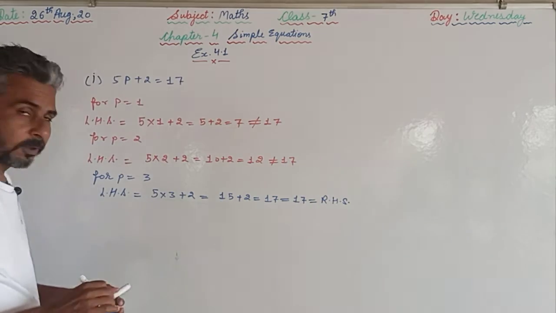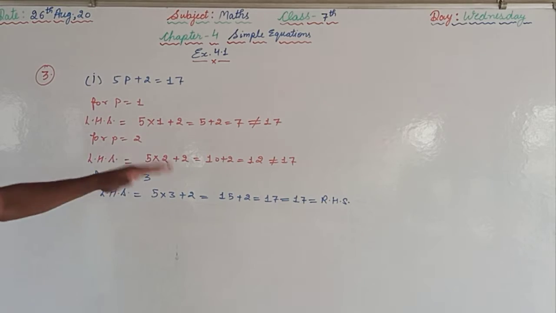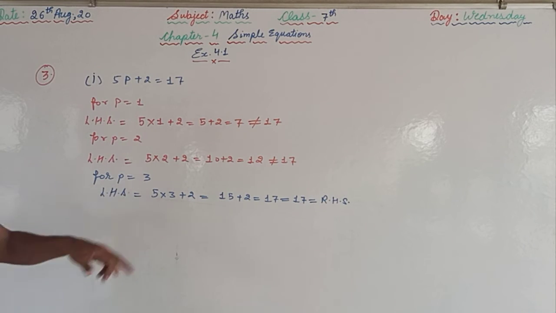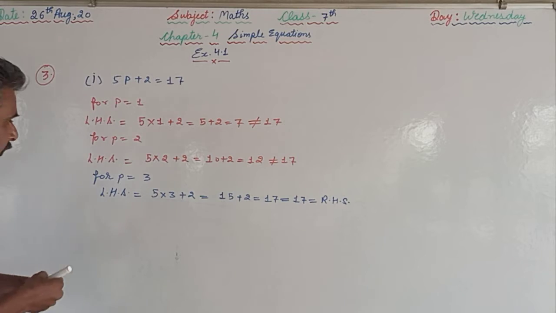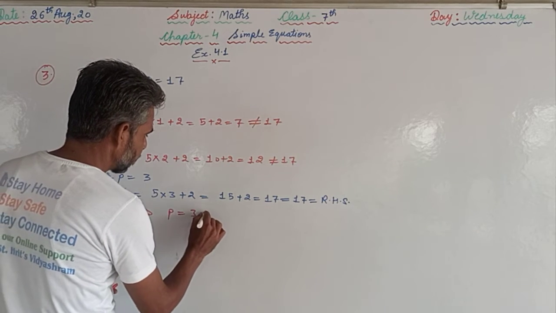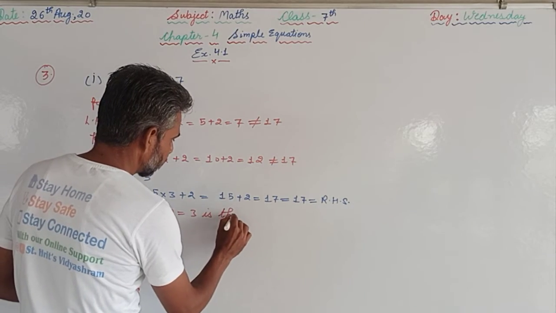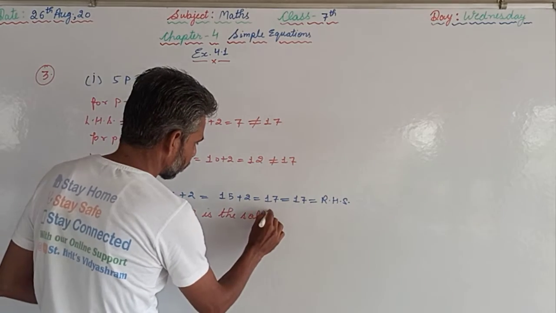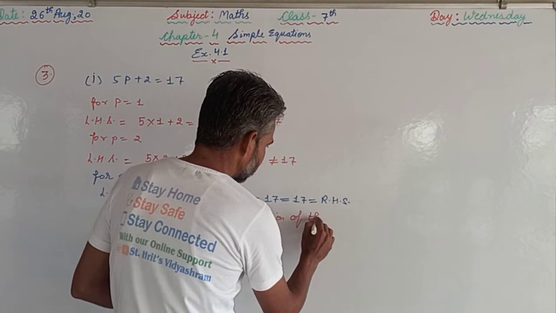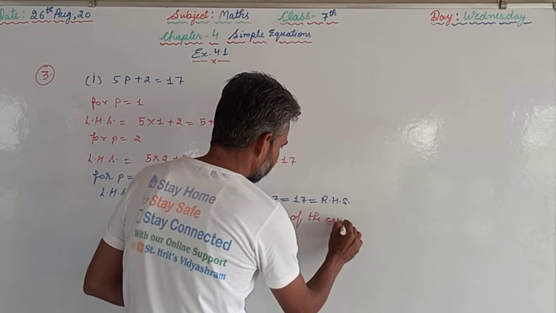Hence starting from left hand side we reached the right hand side with the value of p equals to 3. So at last we will write that p equals to 3 is the solution of the equation.